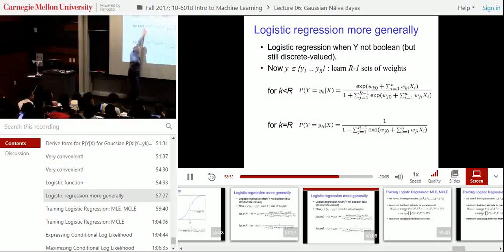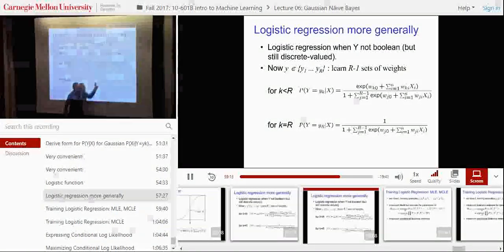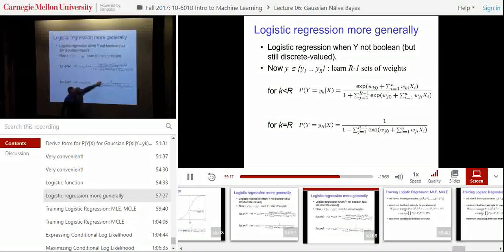And I need that for all of the possible r values except for 1, because given x, the probabilities of y equals 0, y equals 1, and y equals 2 given x have to add up to 1. Y has to have some value. So we can just say that the final one is 1 over that same denominator. And then again, just like before, you can prove these add up to 1 just by summing them all. Okay, so it's easy to generalize this to the case where y has many values.